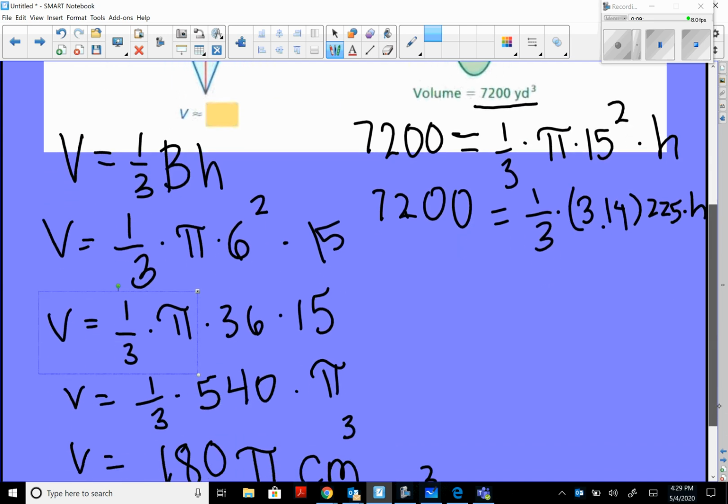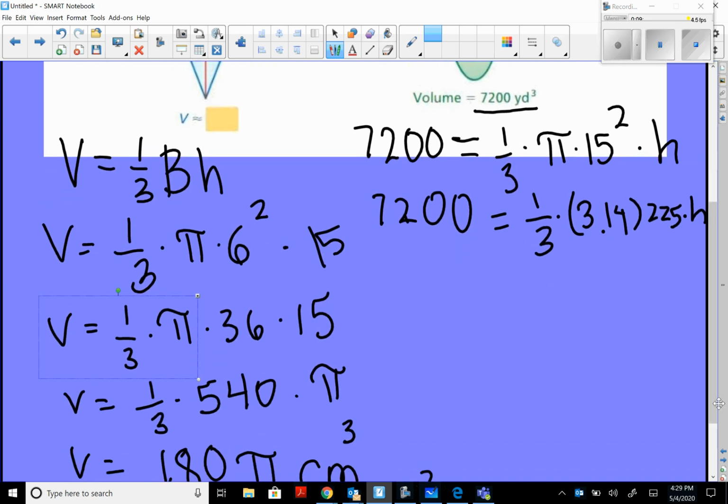Okay. So now I'm going to multiply all three numbers that I have here. I'm going to multiply the 1/3 times the 3.14 times the 225. Or I could do 3.14 times 225 and then divide that by 3. Regardless, I should get 235.5.